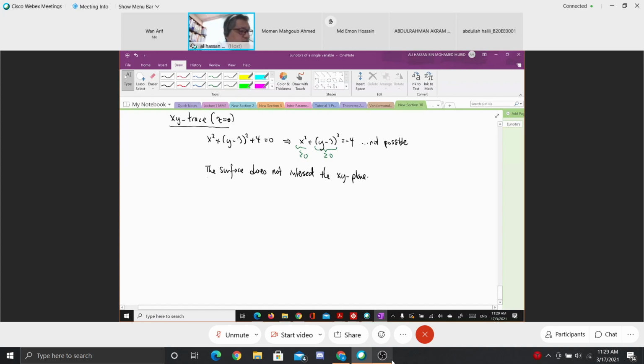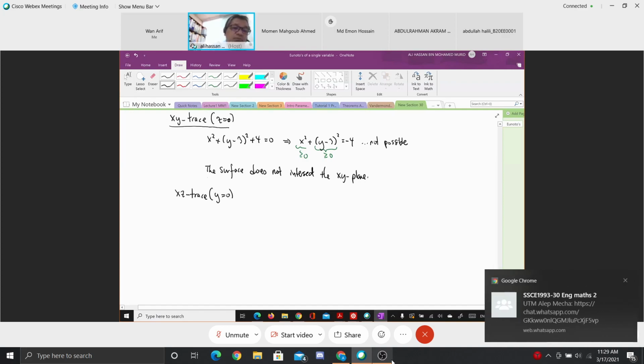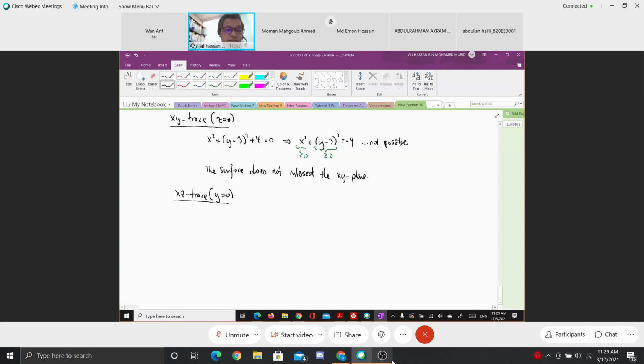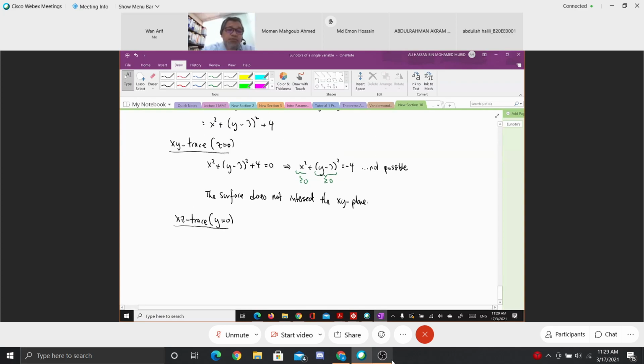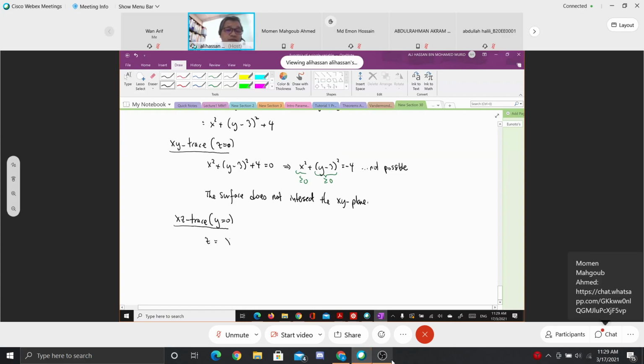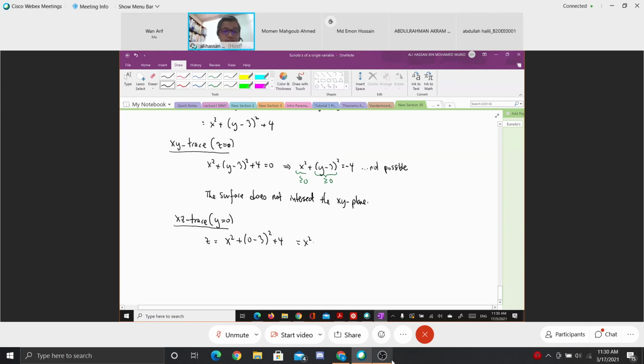the xz trace, by setting y equal to 0. How does the surface intersect the xz plane? So we have z on the left hand side, then we have x squared plus (0 minus 3) squared plus 4, which is x squared plus 13, right?